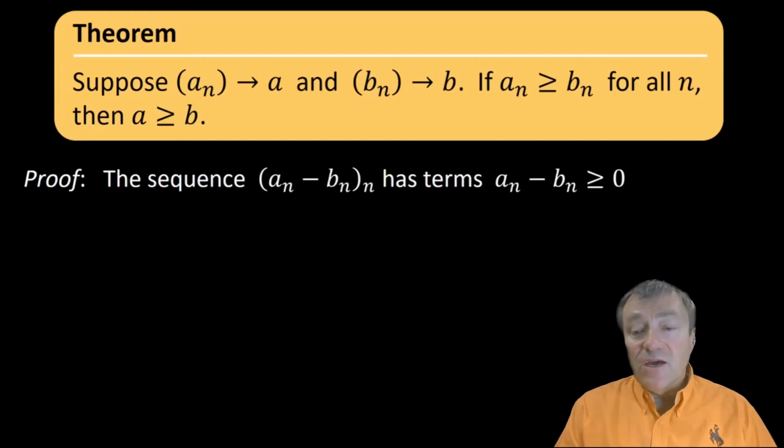We can take our two sequences and add or subtract them term by term to get a new convergent sequence. If we subtract, then by hypothesis, the sequence of differences has terms which are non-negative, and the limit of this sequence is a minus b.